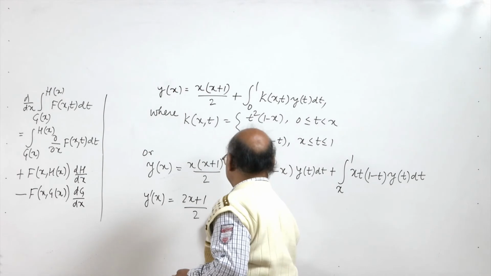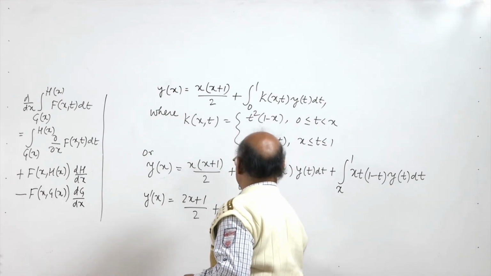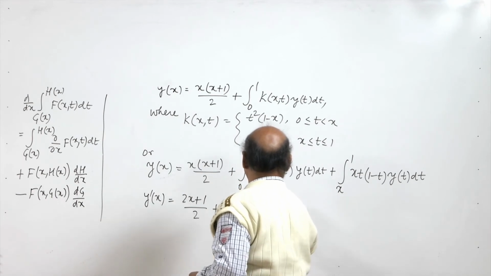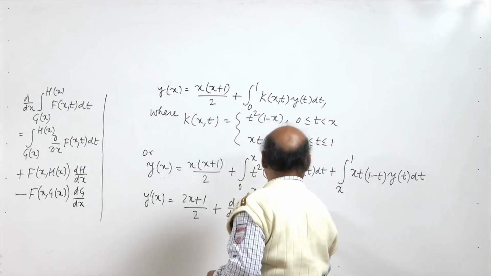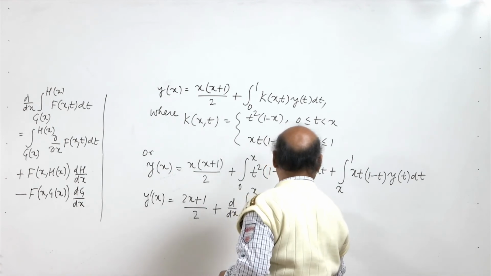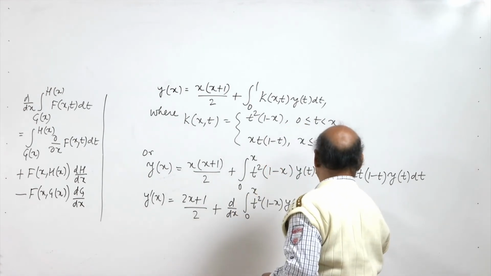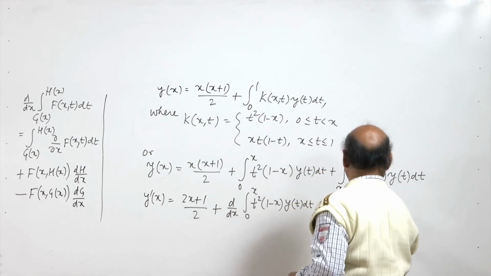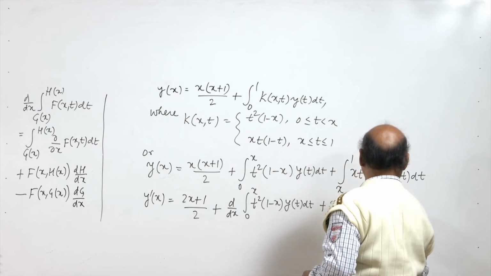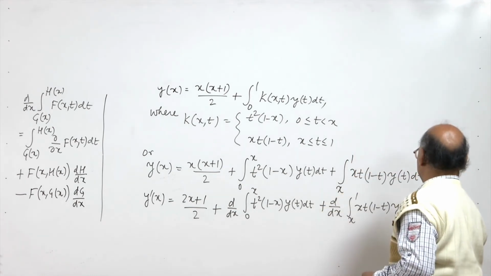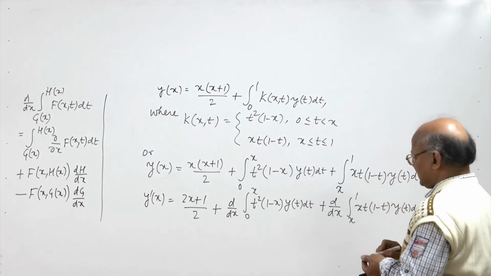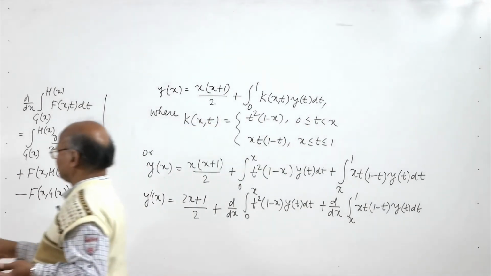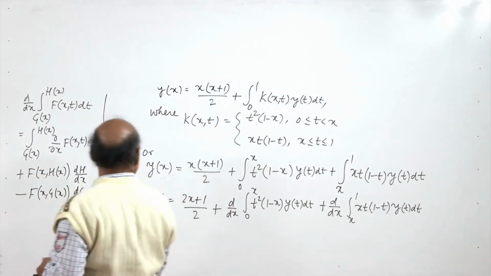Now, here d over dx of integral 0 to x t square into (1 minus x) into y(t) dt, plus d over dx of integral x to 1 x t into (1 minus t) into y(t) dt. For the differentiation we have to apply the Leibniz rule of differentiation under the integral sign.